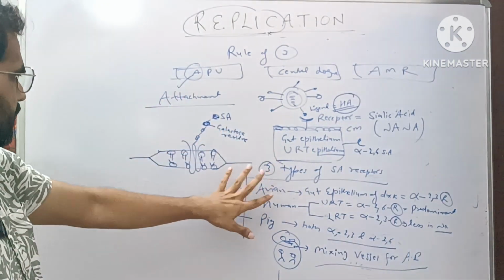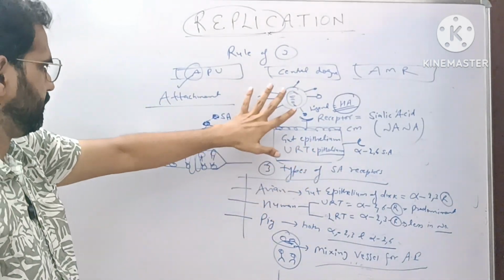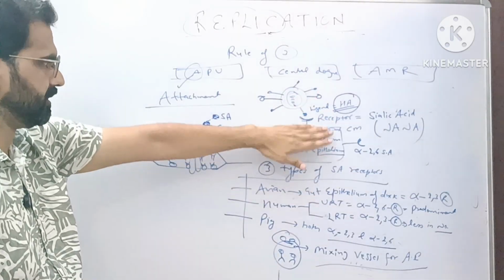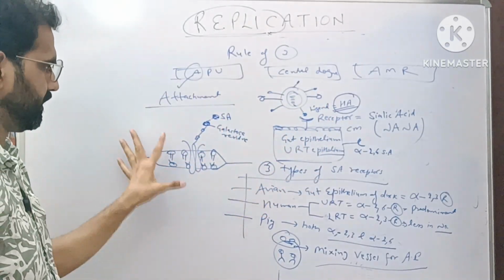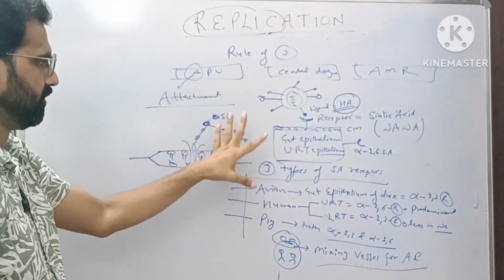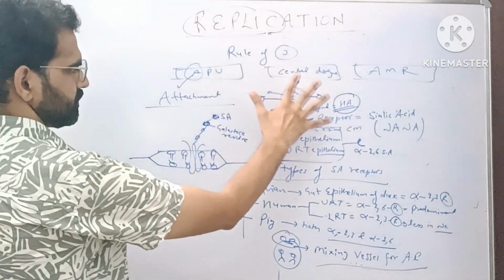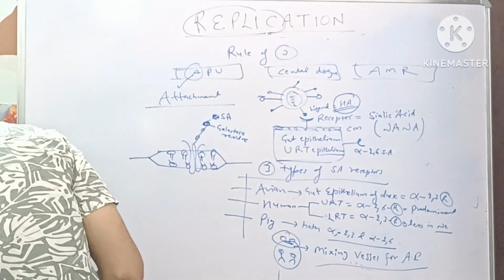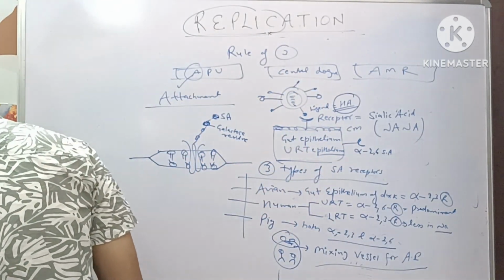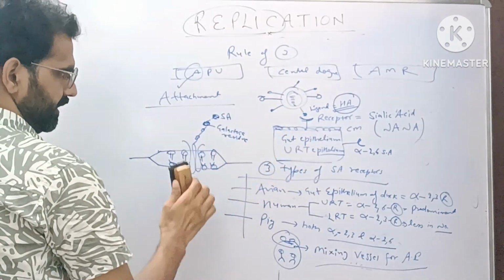Similarly, for this attachment of receptor and ligand, we'll discuss a few more examples from other viruses. So this was from influenza type A viruses.